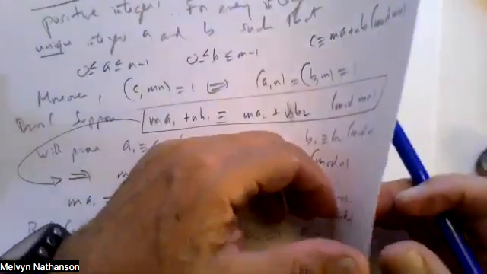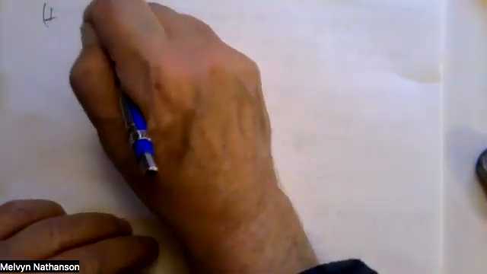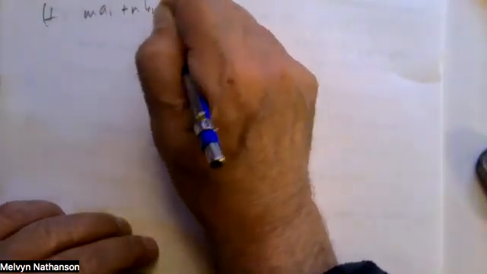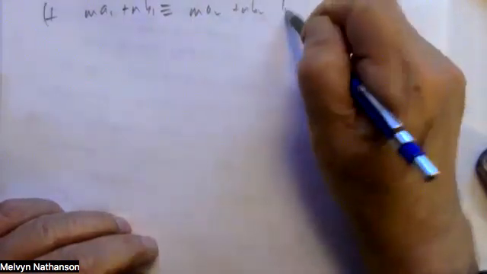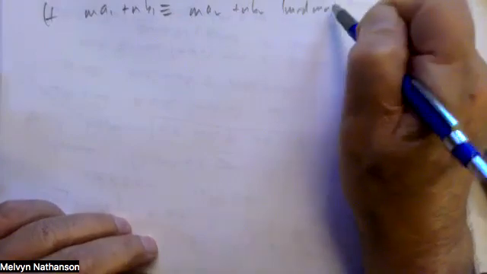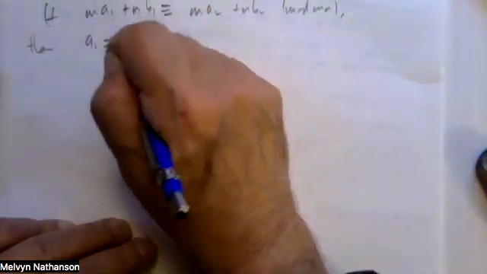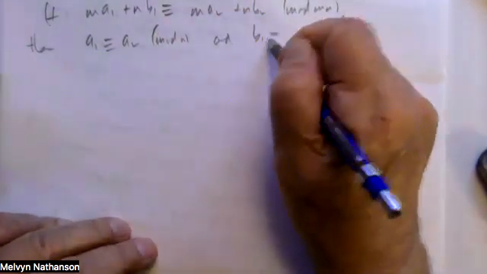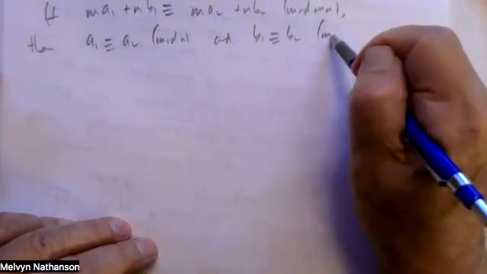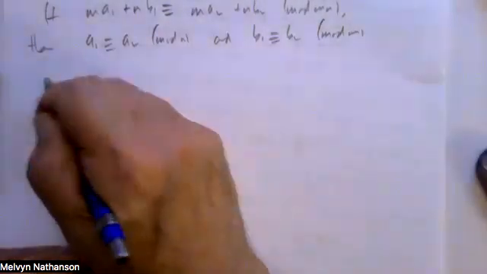So what we proved is that if m a1 plus n b1 is congruent to m a2 plus n b2 modulo mn, then a1 is congruent to a2 mod n, and b1 is congruent to b2 mod m.